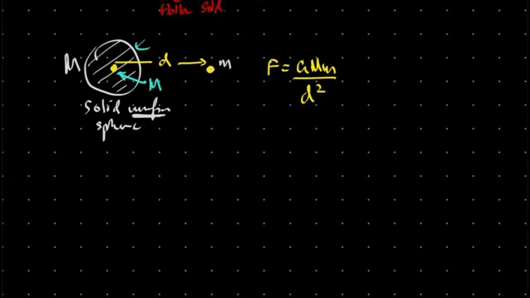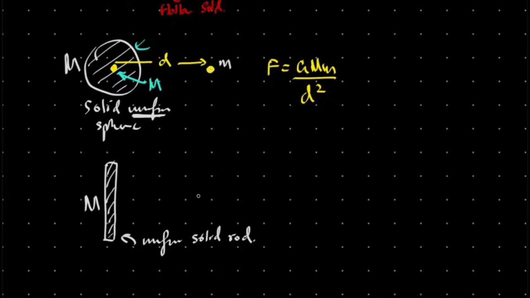No, not the distance between the two centers of mass. If you are given a case like this, where you have a uniform solid rod of mass M, and there you have the point mass small m, and from here to here the distance is d, one could take the center of mass of the rod to be here as a single capital M mass, and then F equals G M m over d squared.